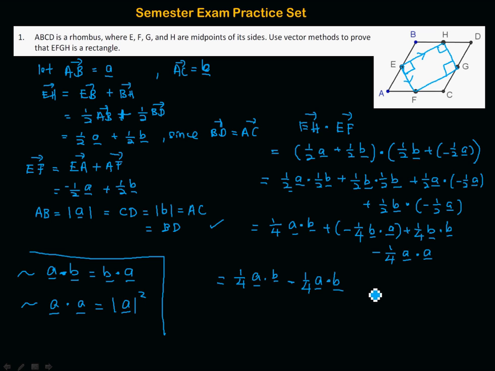and this is essentially 1 over 4 the magnitude of b squared, and this is minus 1 over 4 the magnitude of a squared. Now of course these two are essentially the negative of each other, so this is 0, and then you have 1 over 4 b squared.